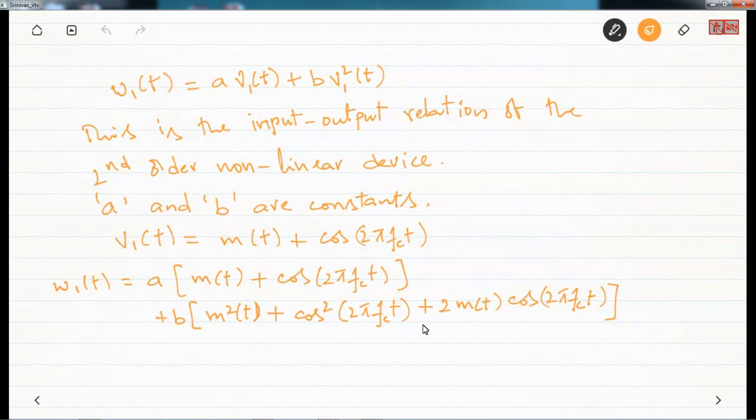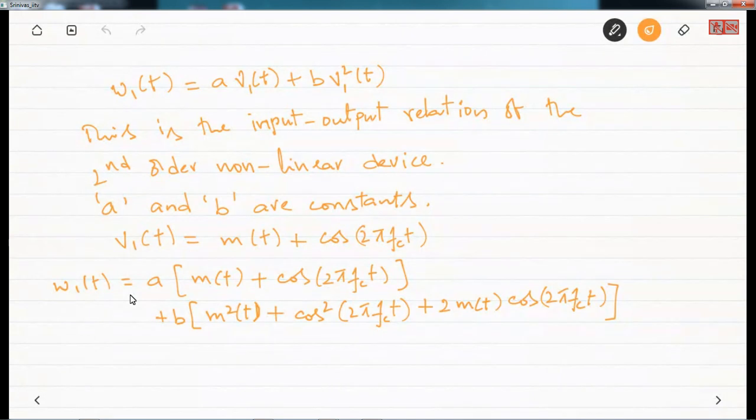Now, do you think this W1 of t is the desired signal for us? I would love to have an interactive classroom, but anyway, we are in distance learning mode. So you can see this W1 of t. See, what do we want? What is a double sideband suppressed carrier signal?